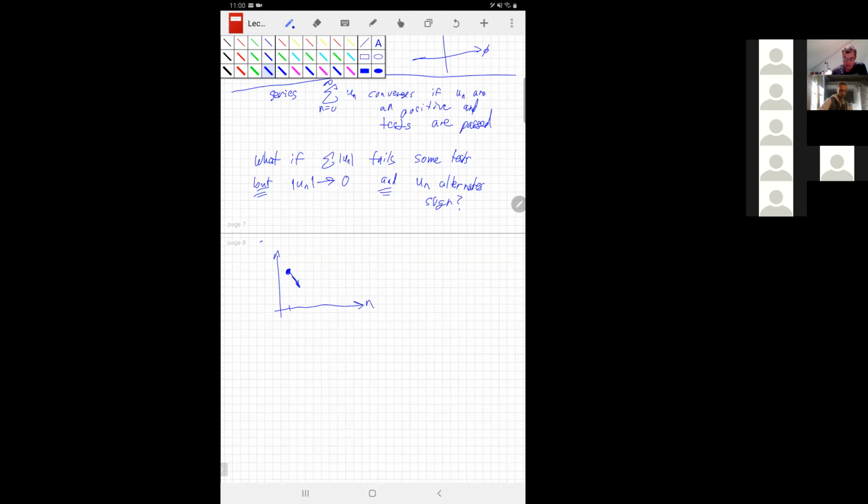So our sum goes negative. Then we add something that's positive but not quite as big, so it doesn't fully recover. Then we add something that's negative but not quite as big, so it doesn't fully recover. And something that's positive but not quite as big. All right, well, that seems like it should still converge. And indeed, it does.